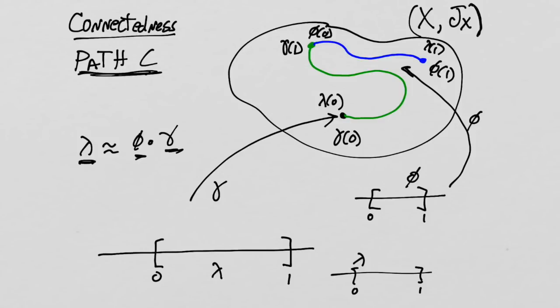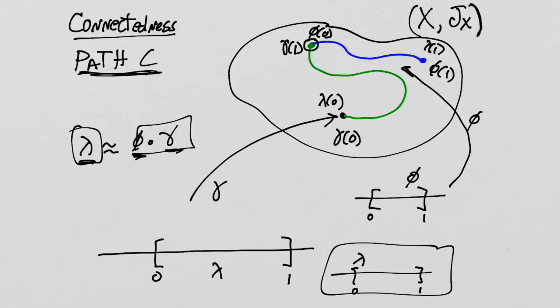You really have to make sure that the paths have their endpoints together like this. But the notion of adding paths, or combining paths, or multiplying paths, basically taking two paths and producing a third path, that exists. You can create this path lambda from two paths gamma and phi.